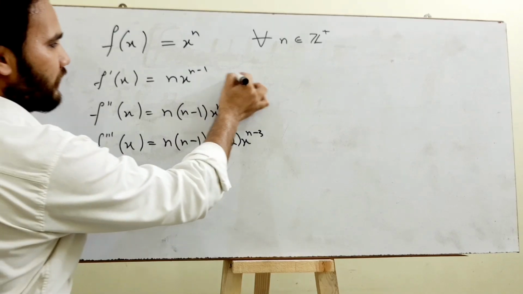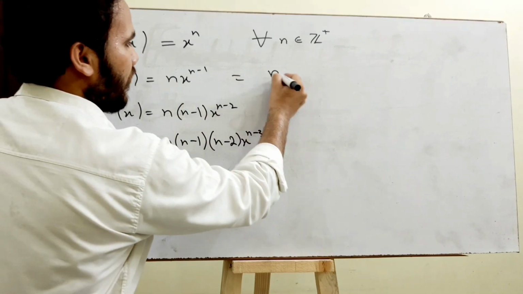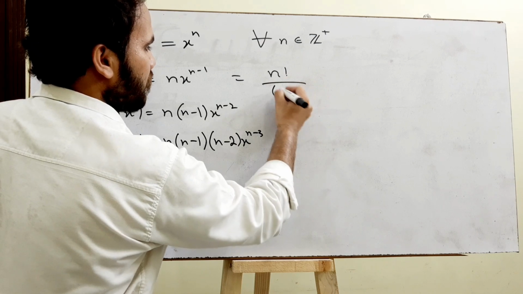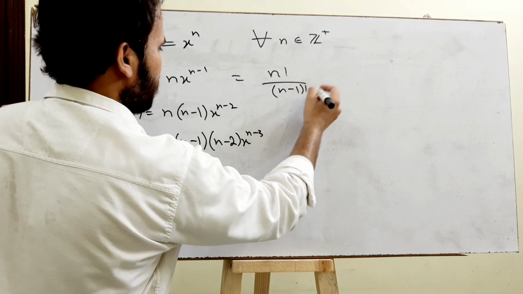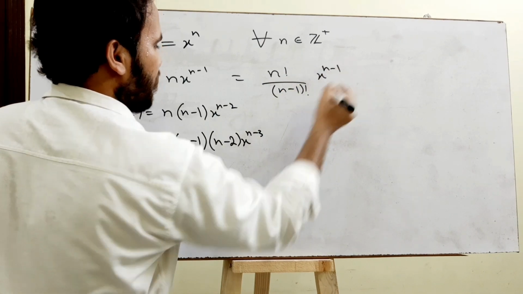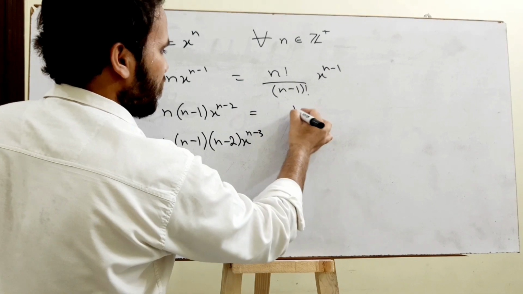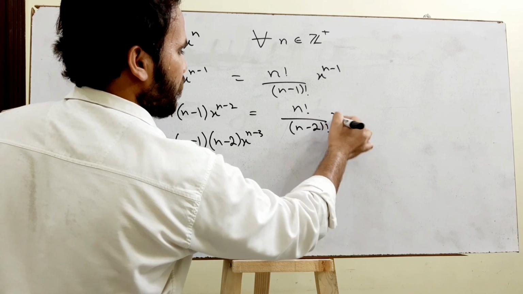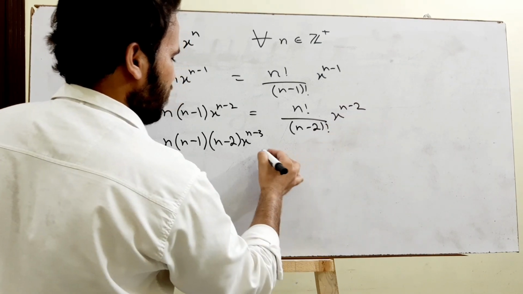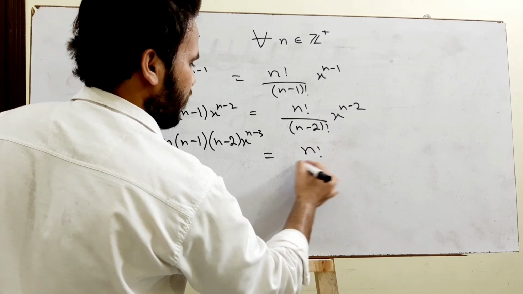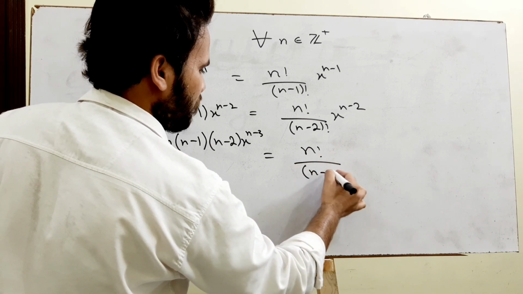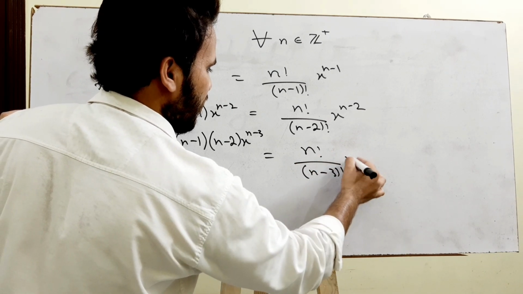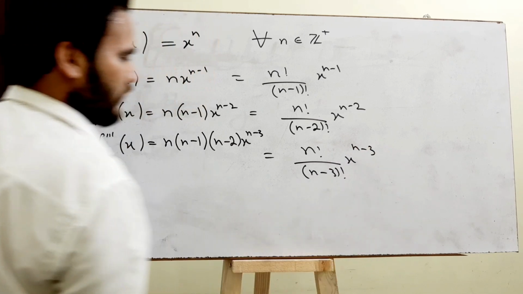So we can rewrite this as n factorial over (n-1) factorial times x^(n-1), and this one will be n factorial over (n-2) factorial times x^(n-2), and the last one n factorial over (n-3) factorial times x^(n-3).